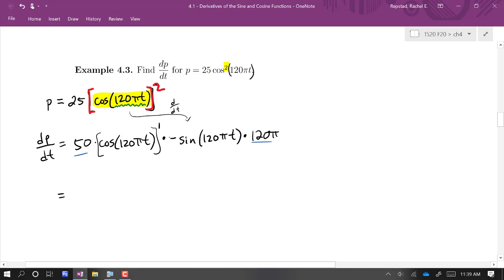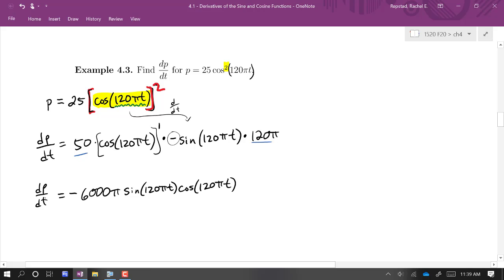So we have a negative 6,000 pi and then we have sine 120 pi t cosine 120 pi t. So this expression is equal to the derivative. We can simplify a little bit though.